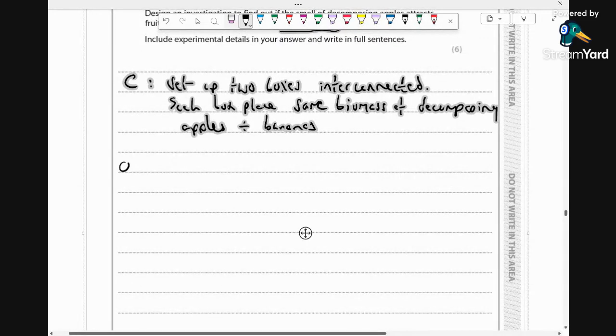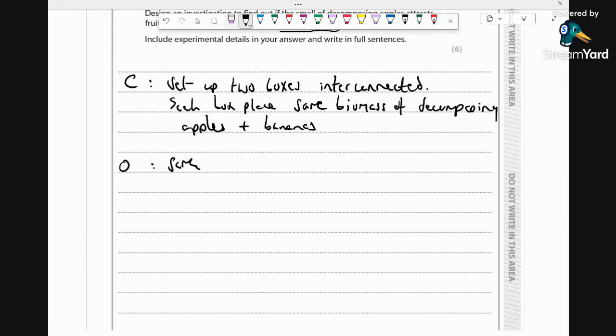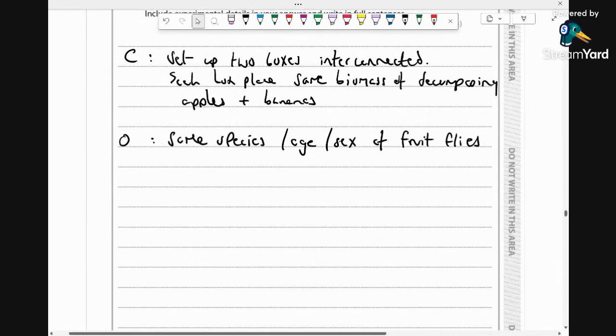The organisms I would use, fruit flies, so use the same species, age, and potentially sex of fruit flies. And I would maybe use, I don't know, you might want to use 100, something like that.